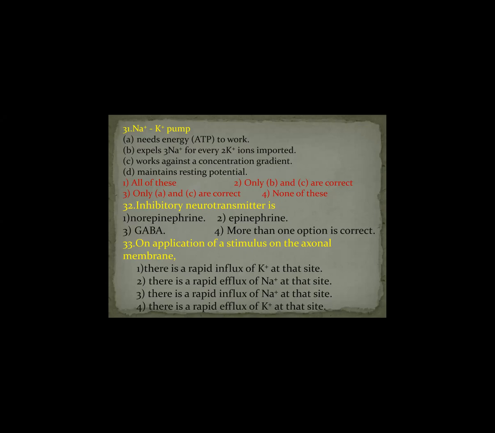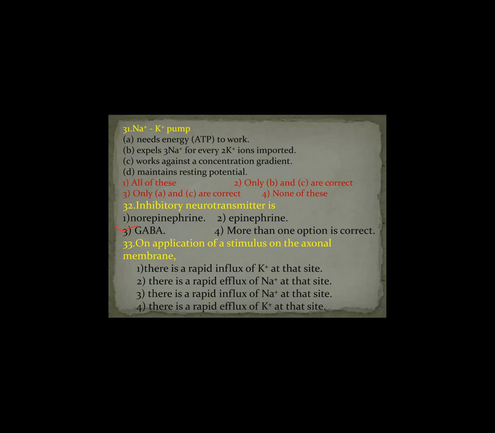They also act as neurotransmitters, but they are stimulatory neurotransmitters, not inhibitory. GABA, gamma aminobutyric acid, acts as a neurotransmitter, and that is an inhibitory neurotransmitter. So for question number 32, the answer is the third option.